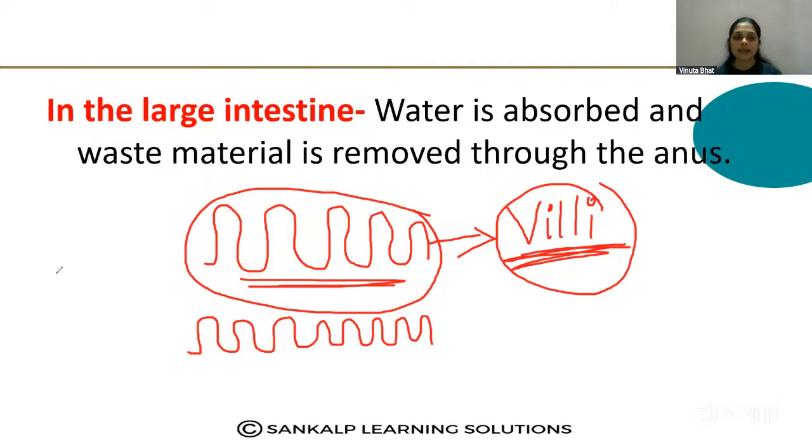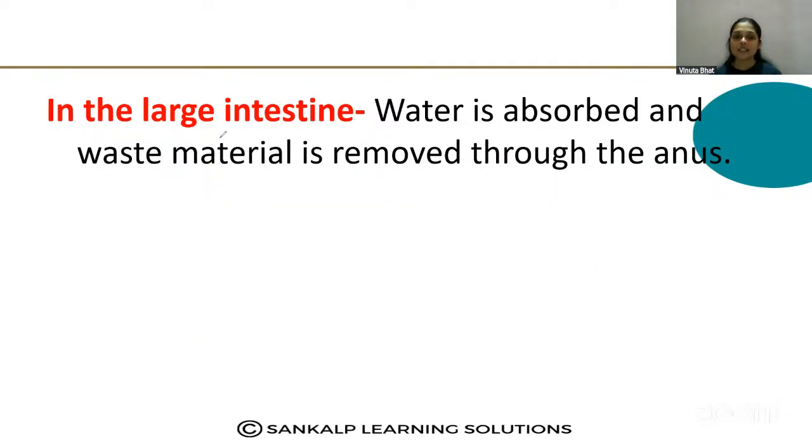Okay, then the undigested waste products are transferred to the large intestine, and mainly in the large intestine the absorption of water takes place. Then the remaining undigested food is removed through the anus. So in the large intestine there is no digestion, only absorption of some small amount of water.